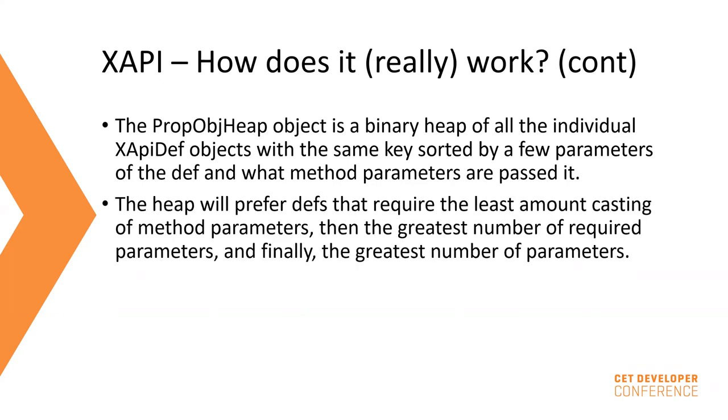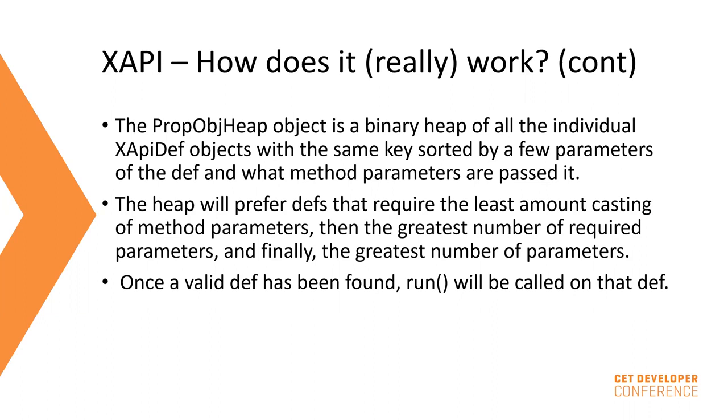The heap will prefer defs that require the least amount of casting of parameters, then the greatest number of required parameters, and finally the greatest number of parameters in general for each of the defs. Once it has found a valid def, it will then call run on that def.